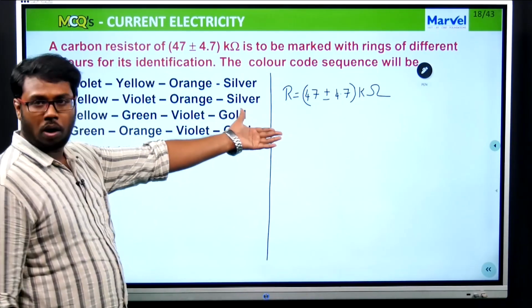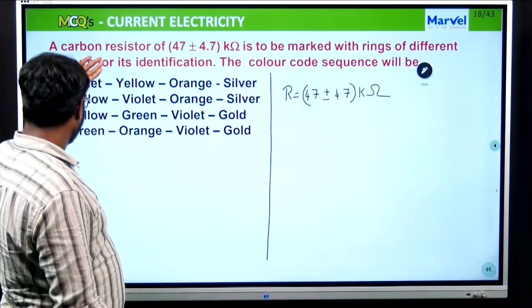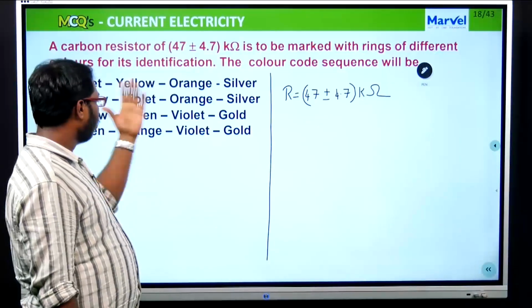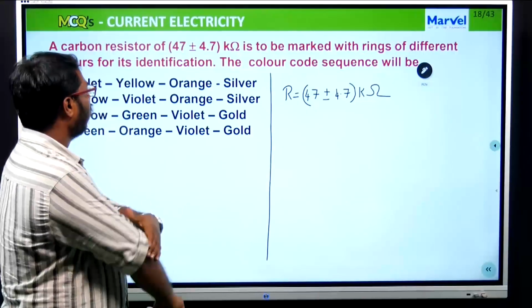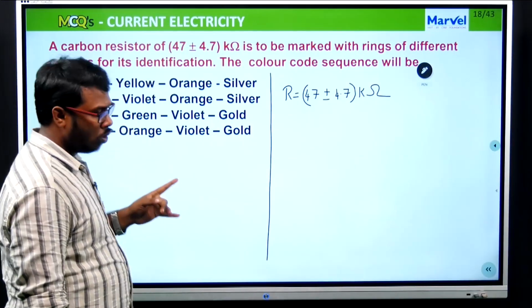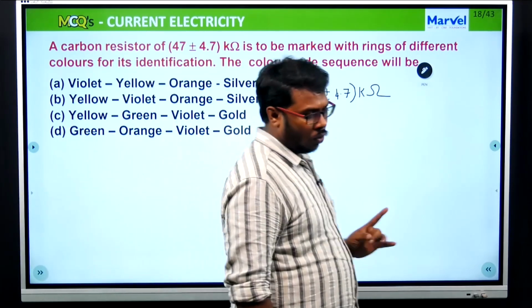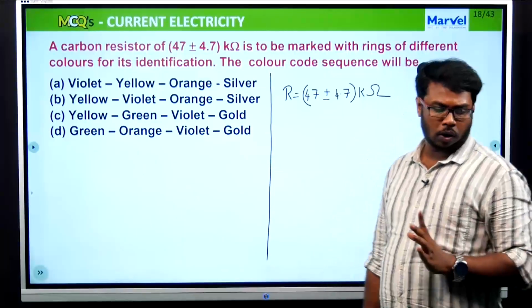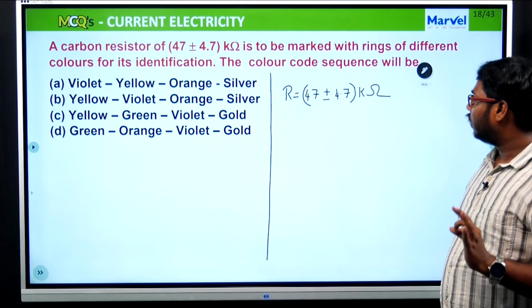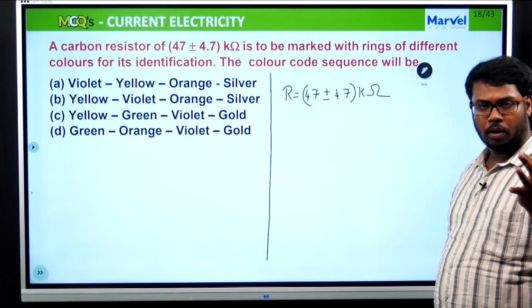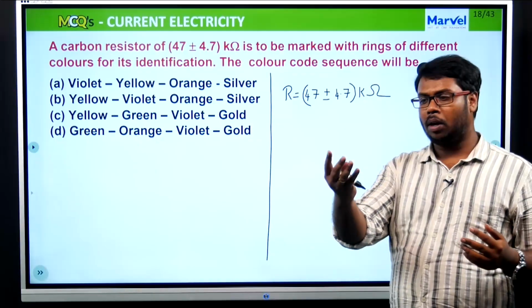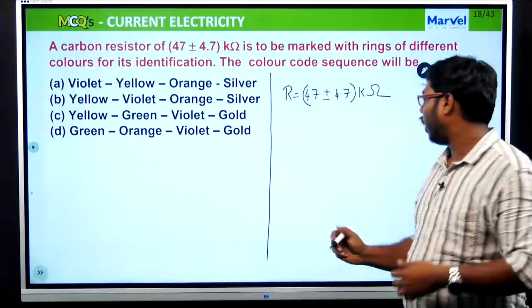This is what is given to us, and there are various combinations of color provided in our options. So we are going to start with 4. What does this 4 stand for? It stands for yellow. B.B. Roy, right? B.B.R.O.Y. Okay, let me show it.